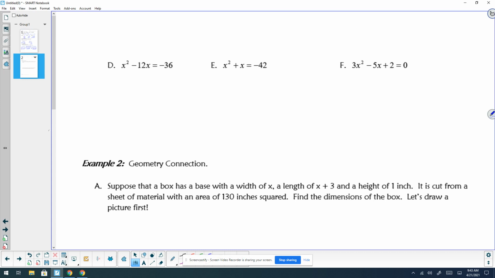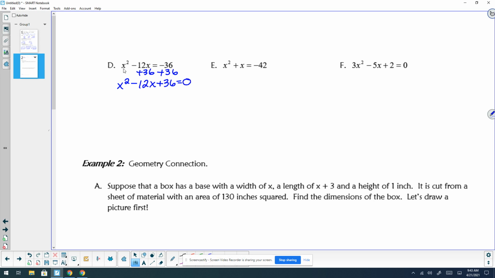Now, before I do anything, especially when I have more than one x term, I really want to get this set equal to 0 before I start. So I want to add this 36 over. Get x squared minus 12x plus 36 equals 0.